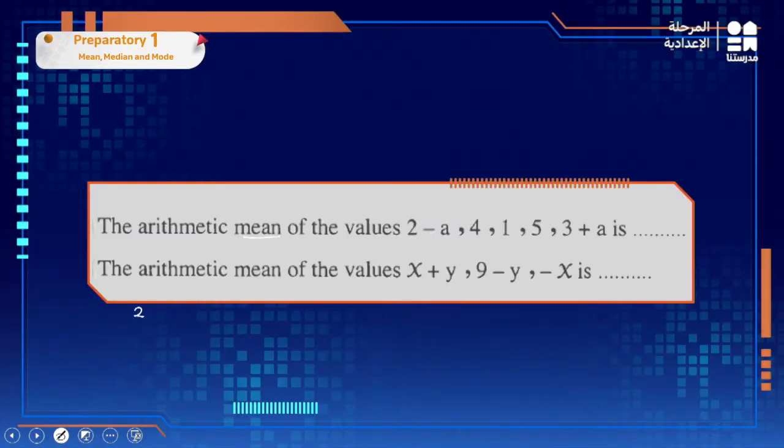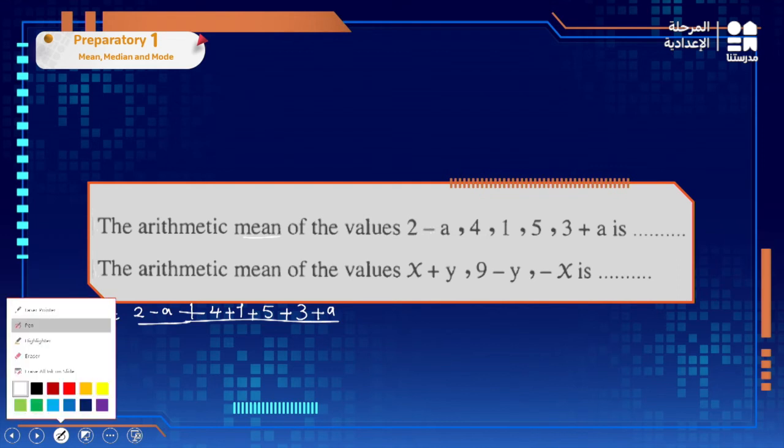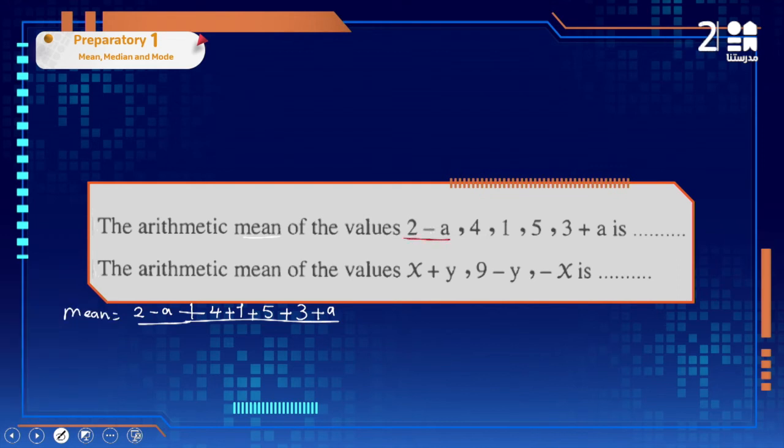So 2 minus a plus 4 plus 1 plus 5 plus 3 plus a, over how many values are there? This is the mean. Let's count them with me: 1, 2, 3, 4, 5 values, over 5.